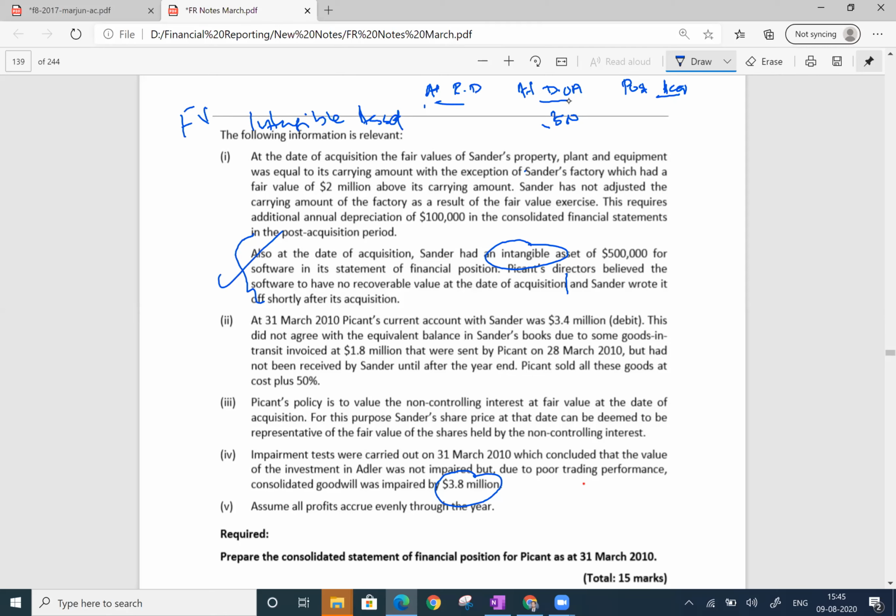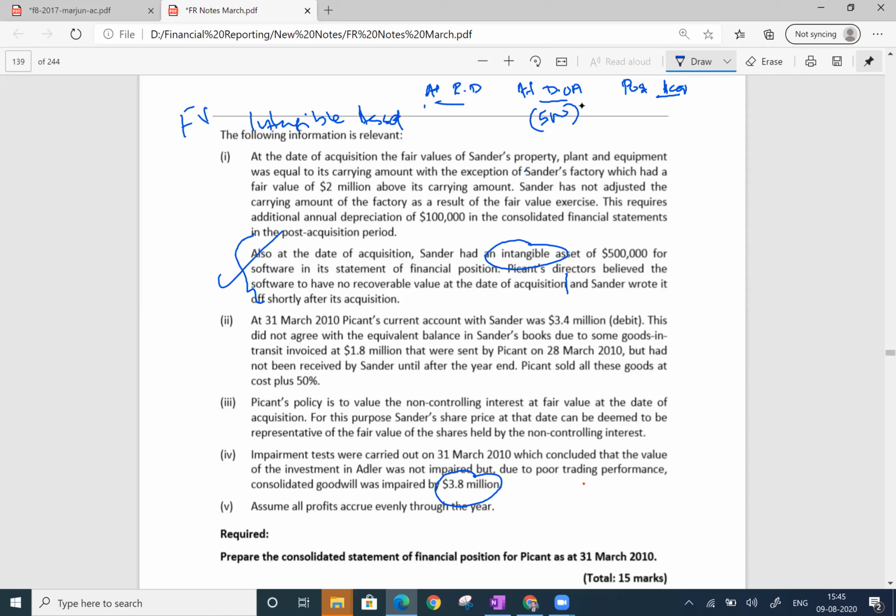Read. At the date of acquisition, S had an intangible asset of 500. Directors believed this software has no value at acquisition. That means now there is a 500, but directors believe this doesn't have any value. So what you have to do? You have to write it off. 500 minus. Sir, brand name, etc. Directors stated that in the SOFP of the subsidiary it is not valued, but when we acquire, we are assigning it a value.